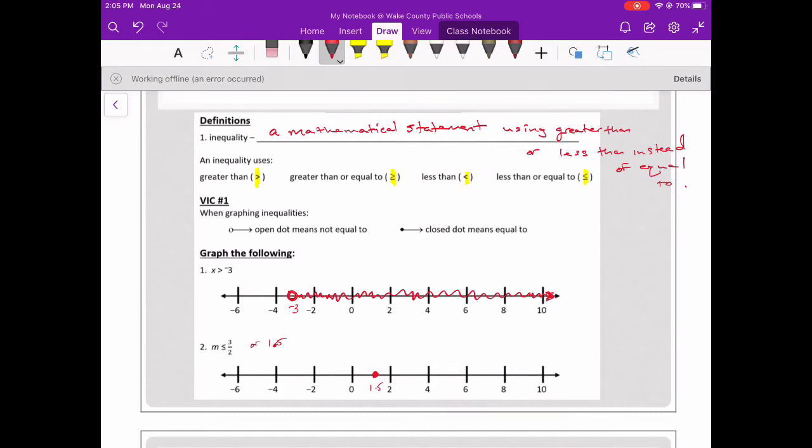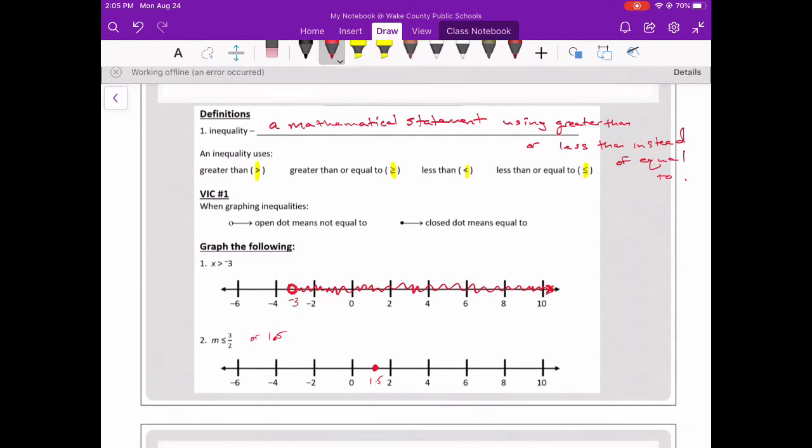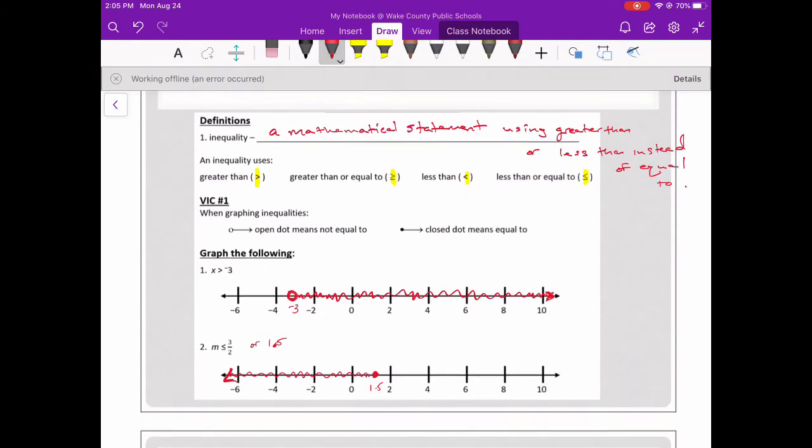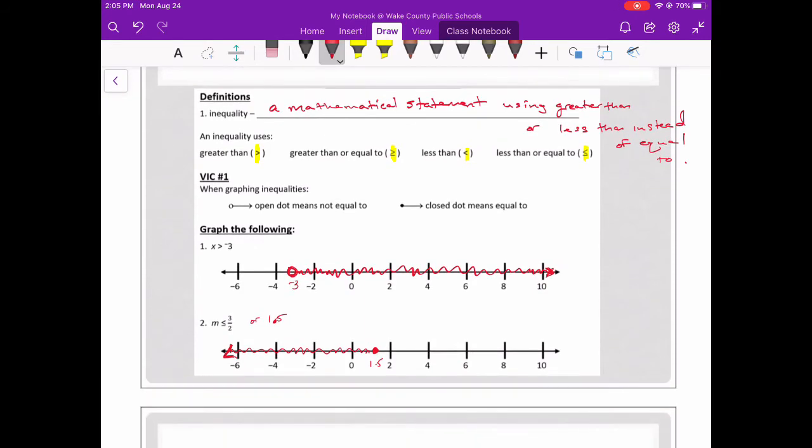So that's why I did a closed circle, because of the or equal to part. And now less than is going to be to the left. So then I'll just shade all of this and then put an arrow on the end, because it's going to keep going, and it's all those numbers. So that's why we have to graph, because we have an infinitely large set of solutions. It's not just one thing. So this is how the graphing is going to work. Now we're going to put this with the solving process and graphing together.